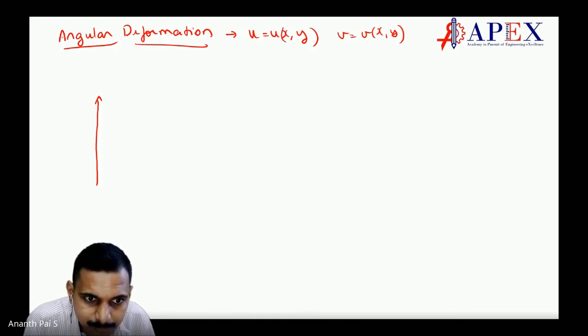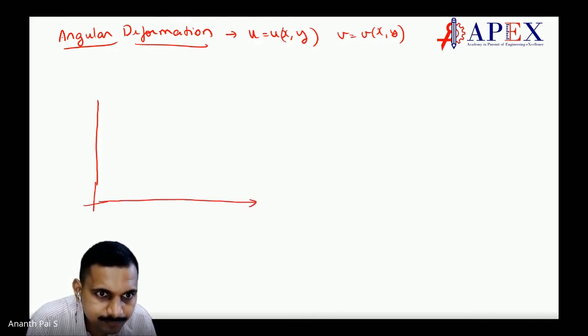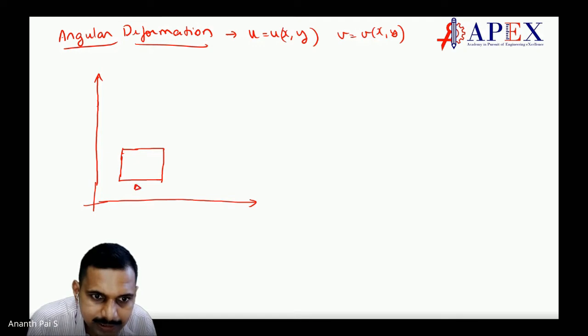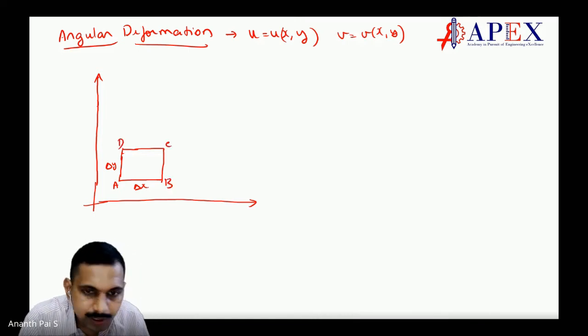The initial particle position, I'll just draw it a bit. I think my head is not coming in the way, correct? Say this is delta x and delta y, and this is A, B, C, and D. Now this deforms.